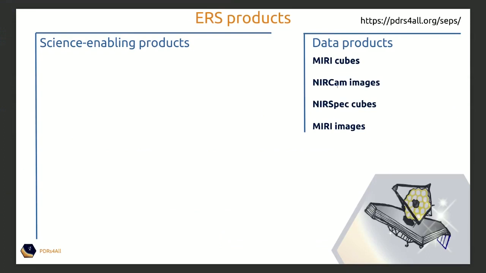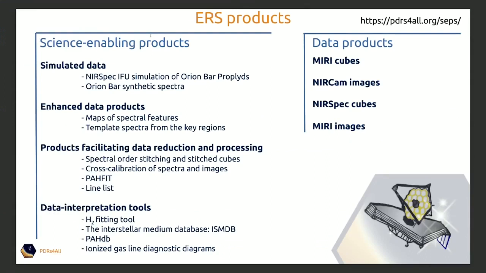One challenge will also be to remove and avoid possible saturation issues, because, as I said, we are observing a very bright source. We are also expected to deliver a number of science-enabling products, which are tools and products that are needed to support the interpretation of JWST data.